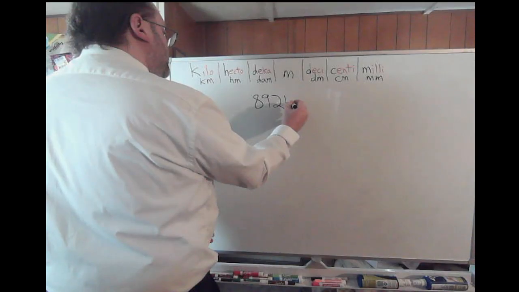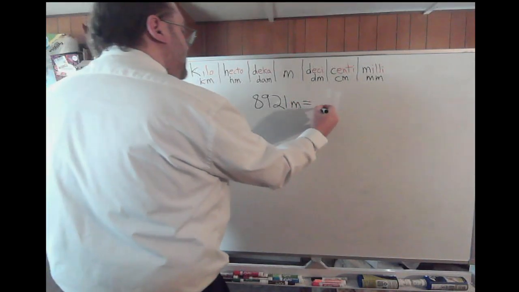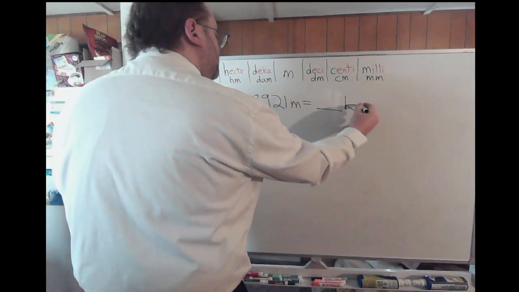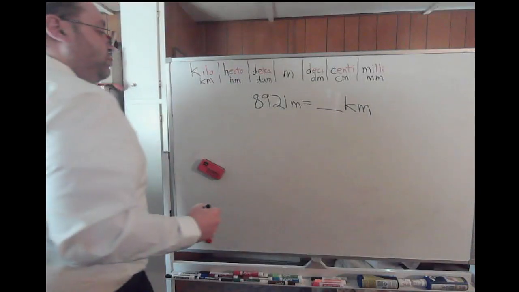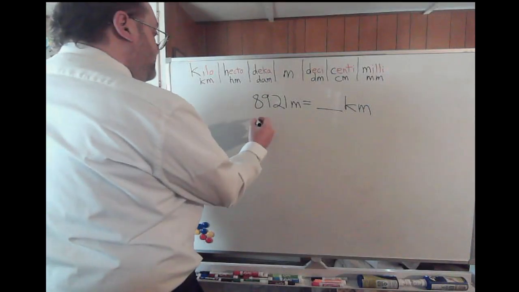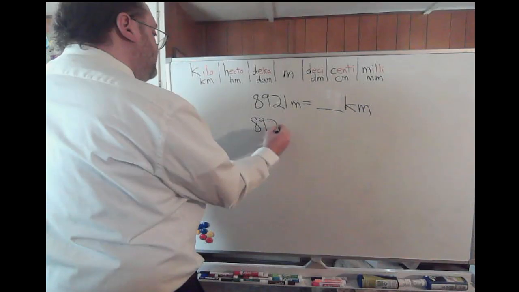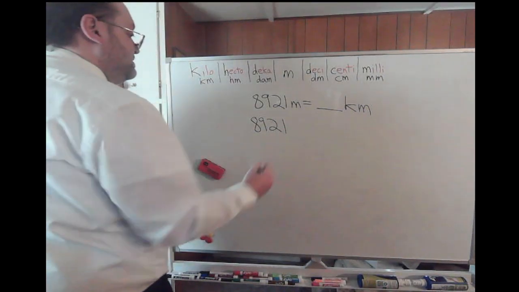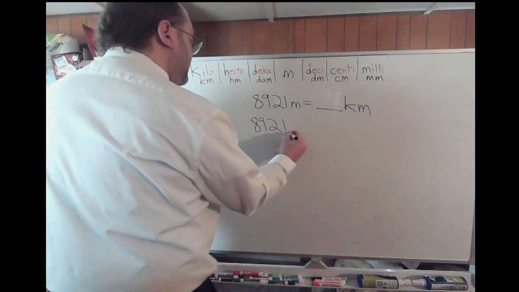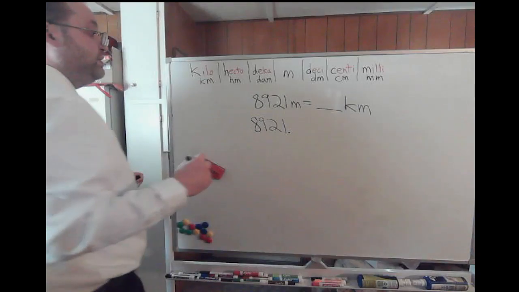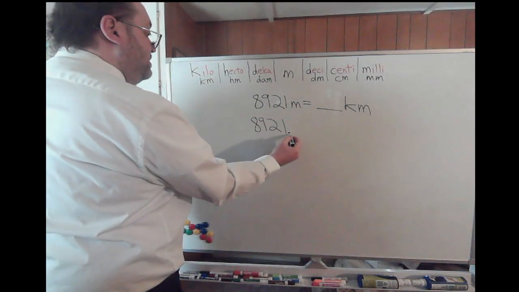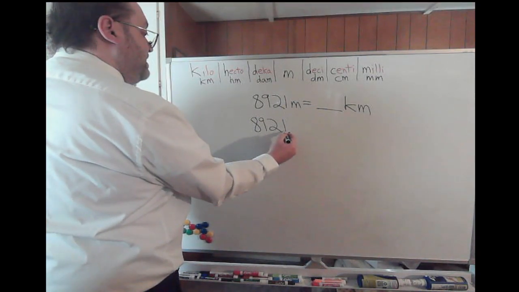8,921 meters is equal to how many kilometers? So we'll start with our meters. Take your decimal place, move it to the left 3 decimal places. We'll put the decimal point after the 1 because that's where it is for meters. You move it 1 decimal place to the left, you get your decameters.